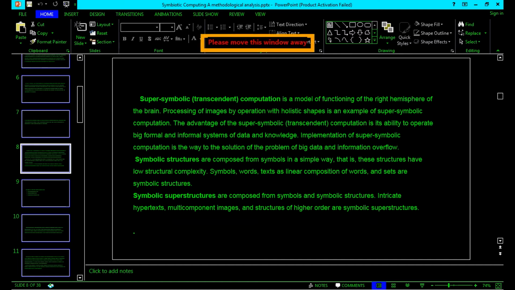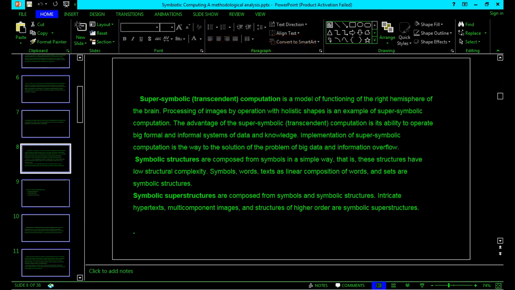The advantage of supersymbolic transcendent computation is its ability to operate and transform big formal and informal systems of data and knowledge.